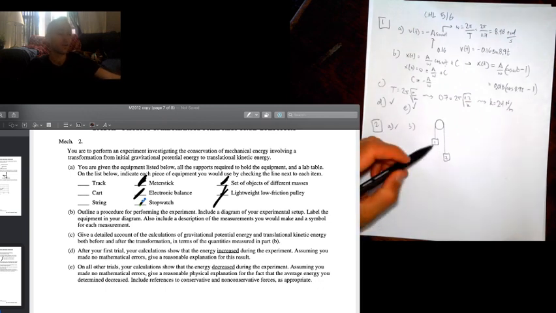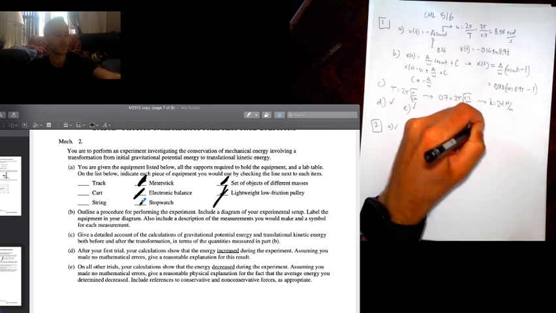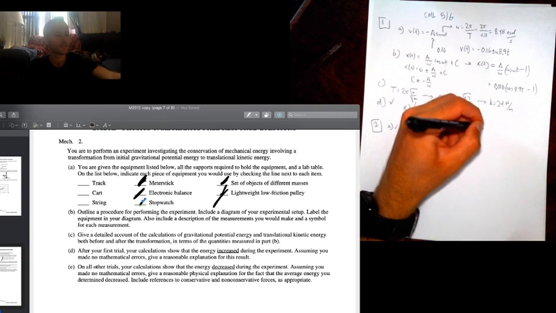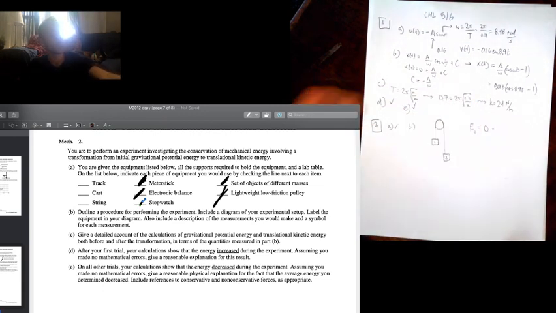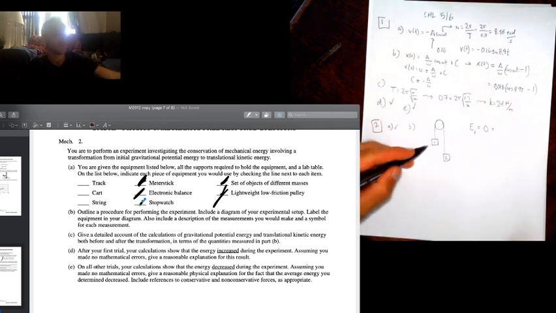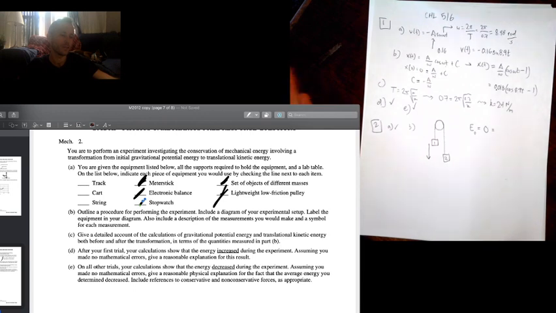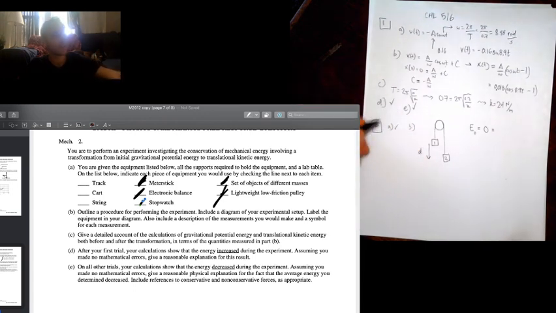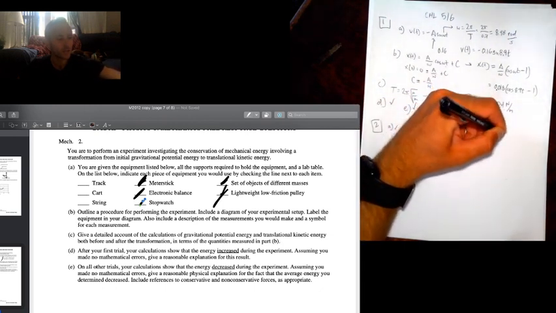So what I would do is my initial energy is going to be equal to 0, and that's going to be equal to the final energy. Let's suppose that this mass falls a distance d. So then the final energy is going to be m1 g times minus d.